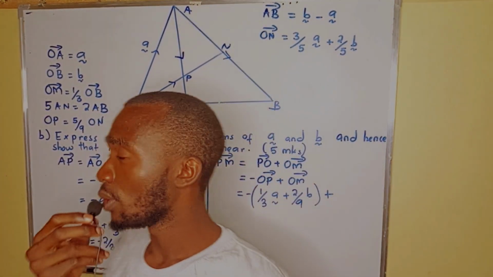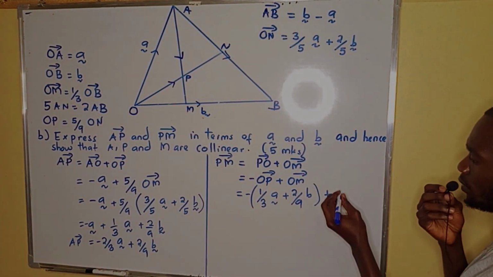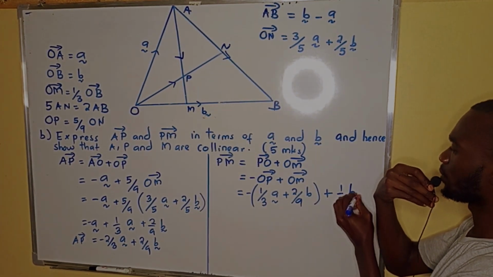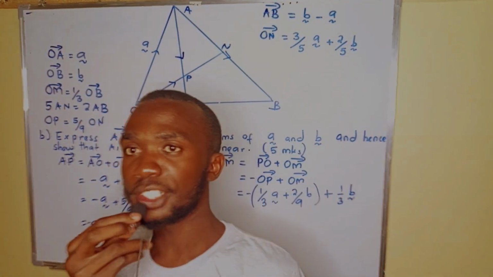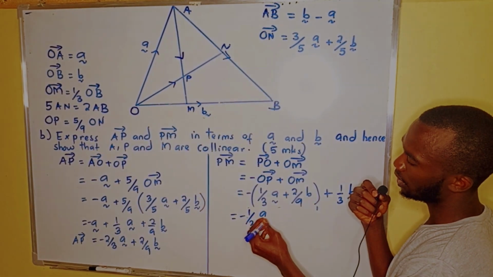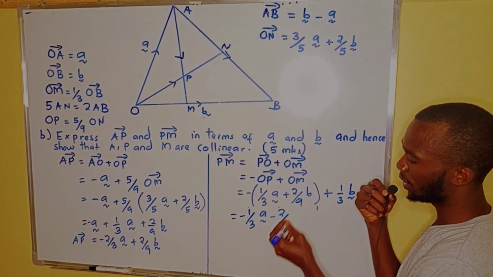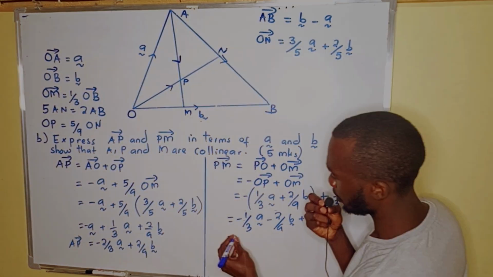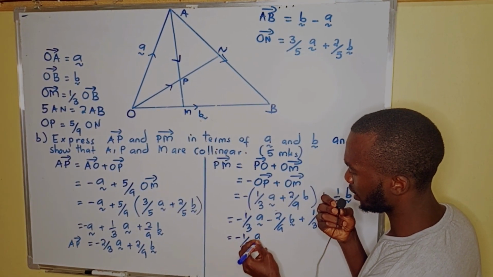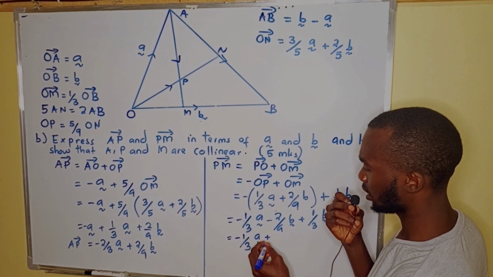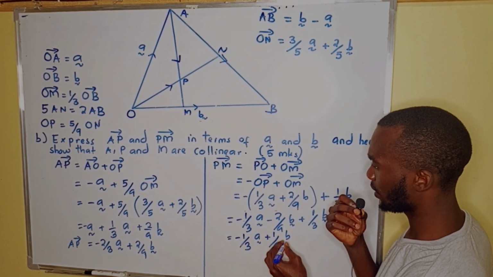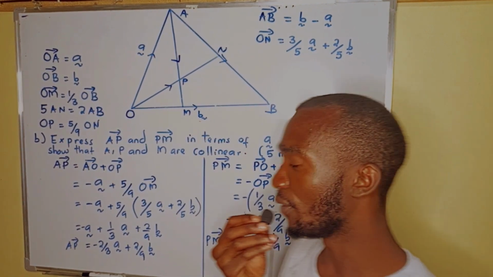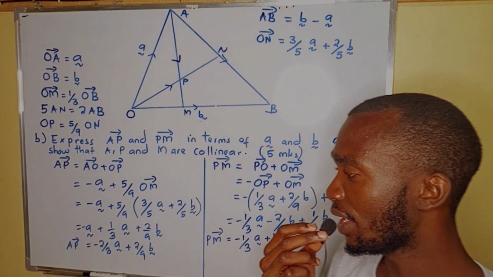But now our OM was a third OB, a third OB, which is B. So now we are expressing PM as minus a third A minus 2 over 9 B plus a third B, which gives minus a third A plus 1 over 9 B. So this is PM in terms of A and B. Now we got AP in terms of A and B and PM in terms of A and B.